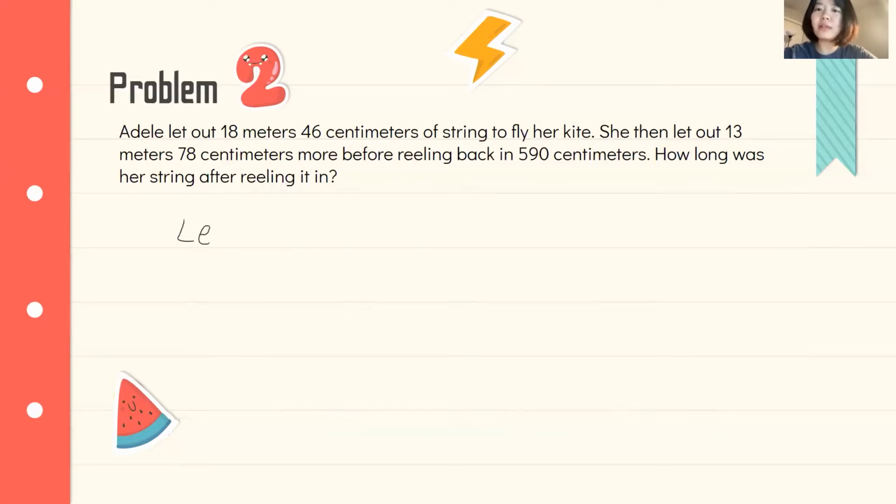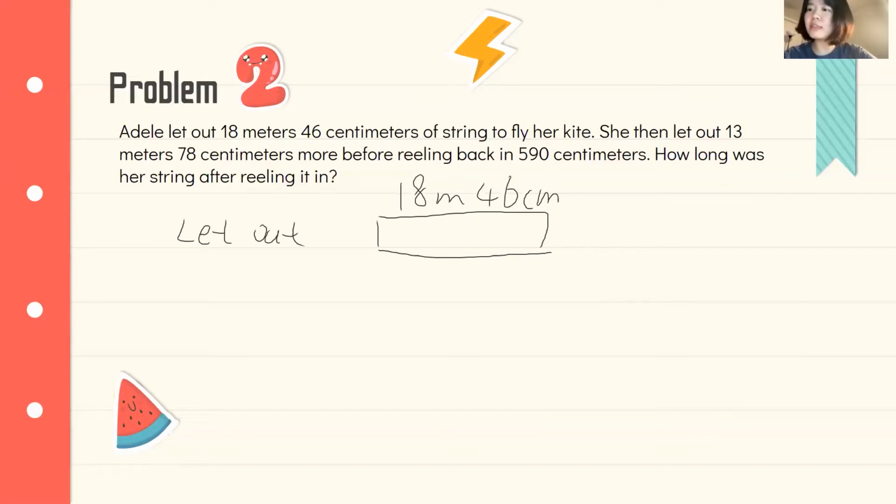So, let out 18 meters, 46 centimeters. Then we know she let out 13 meters, 78 centimeters more before reeling back in. So I will draw another diagram next to this one for 13 meters, 78 centimeters. This bar is her total distance let out.